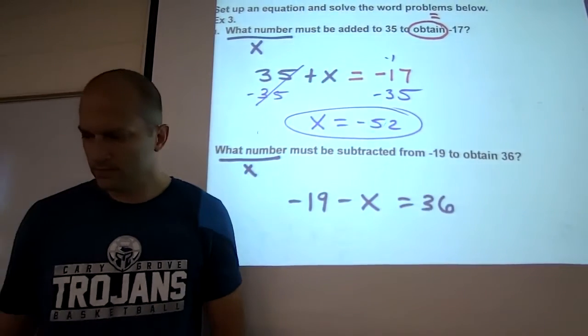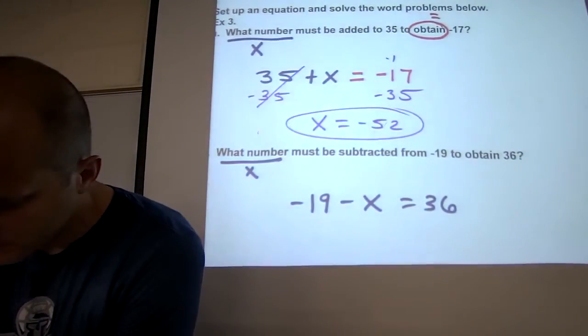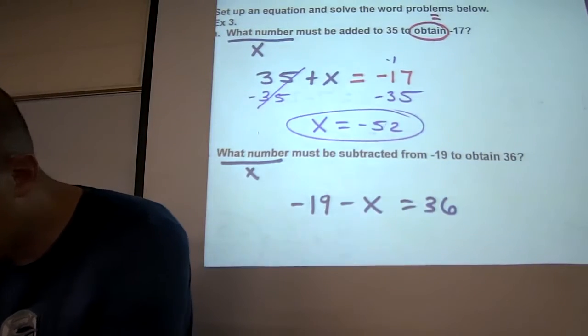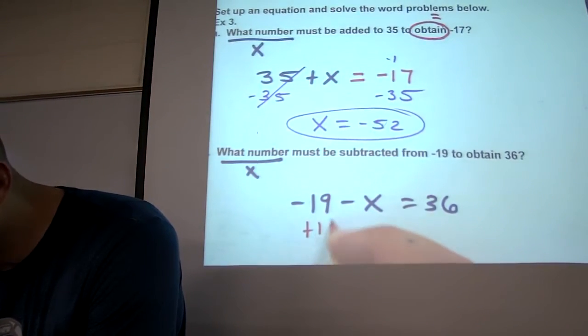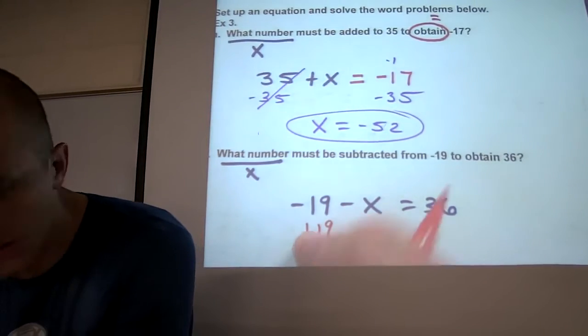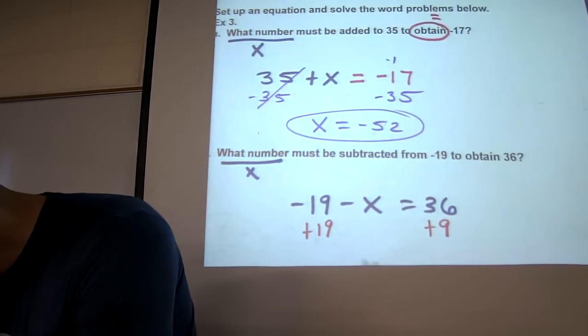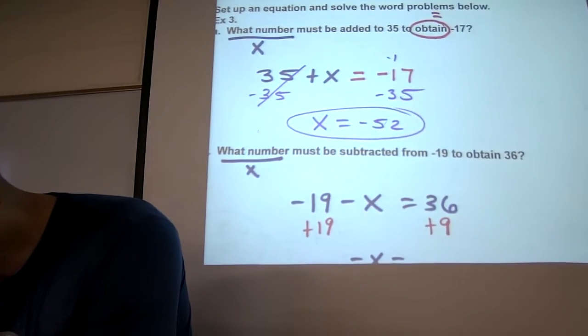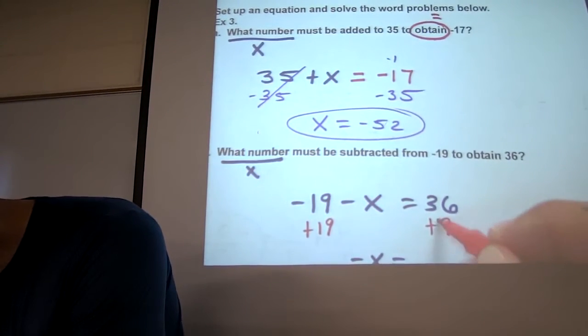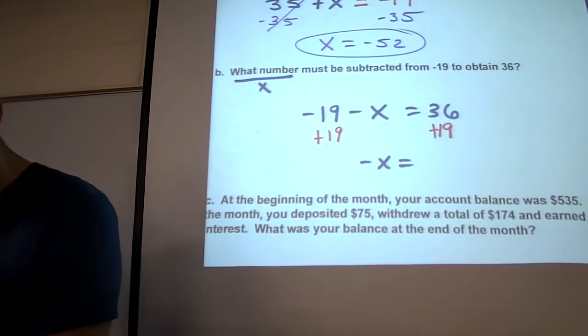All right, so we want to solve this. I'm going to go ahead and add the 19 over. Again, minus 19, do the opposite sign, so add 19. So now I got negative x equals 36 plus 19.